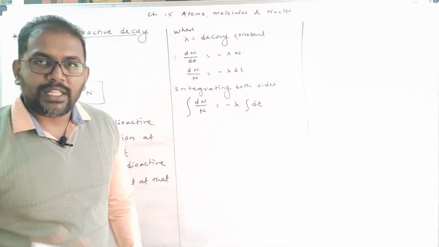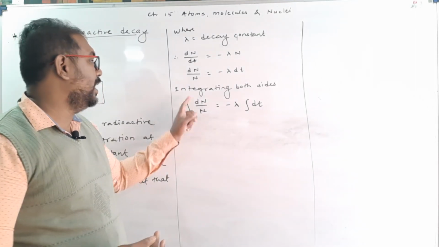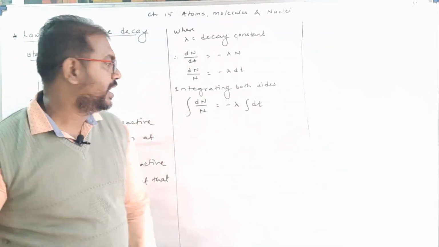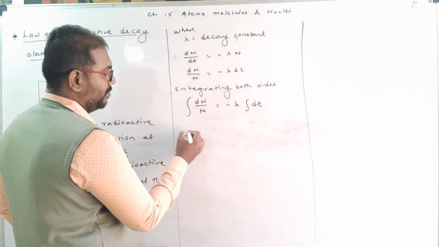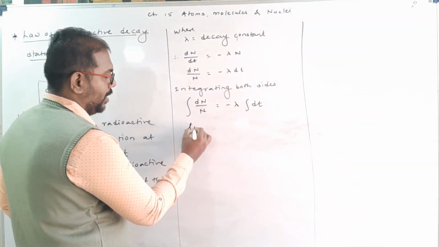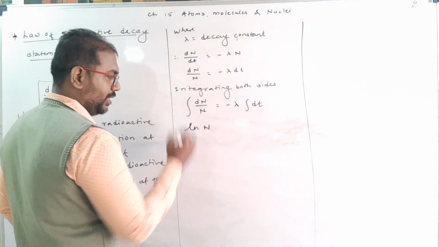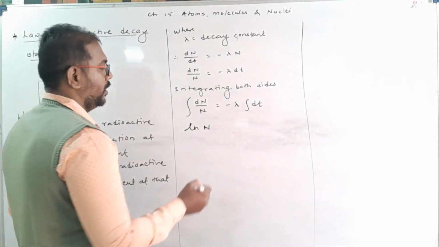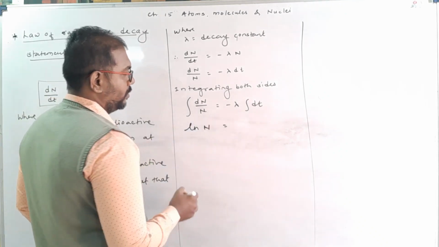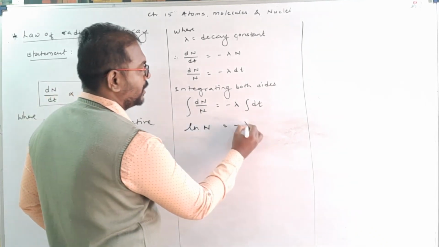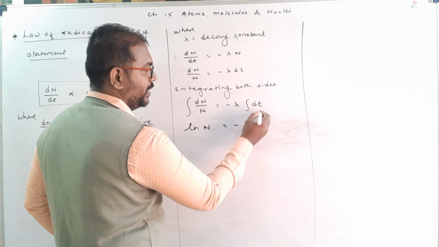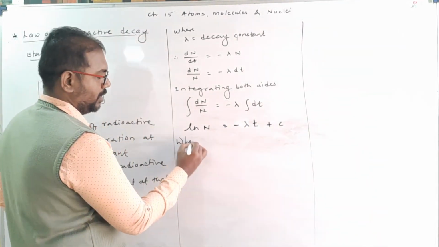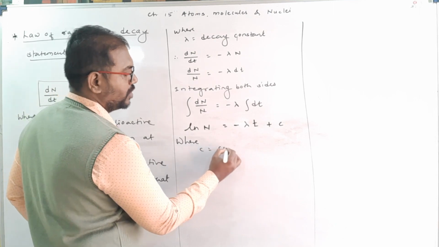As a mathematics student, you already know that the integration of dN by N is log of N, log to the base e, which you can write as ln N. So ln N is equal to minus lambda t plus c, where c is the constant of integration.